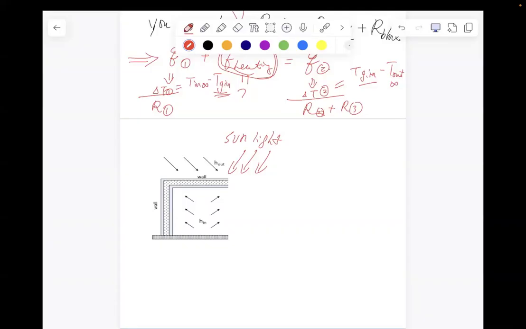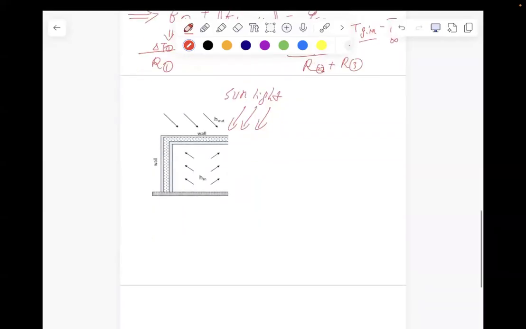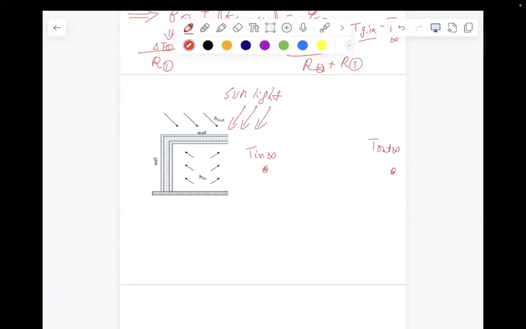So the sunlight energy is fixed for the Earth. You can even Google to see how much sunlight we get on the Earth. For this type of question, it is also the same. You have the inner temperature of the house, and you also have the outer air temperature outside the house. And then your circuit looks like whatever it is.